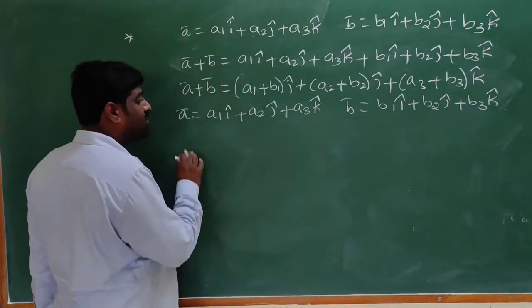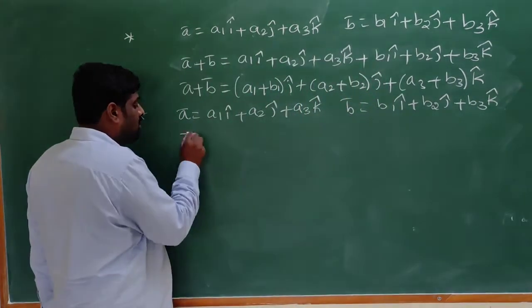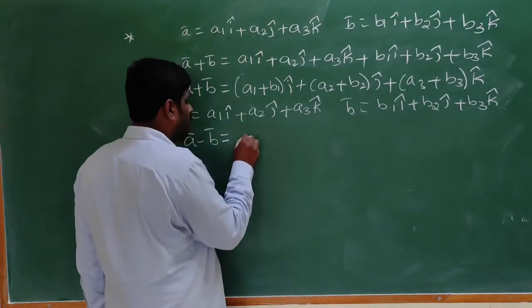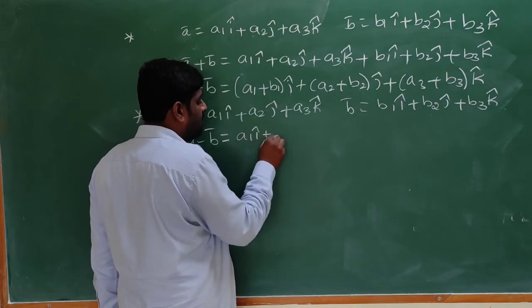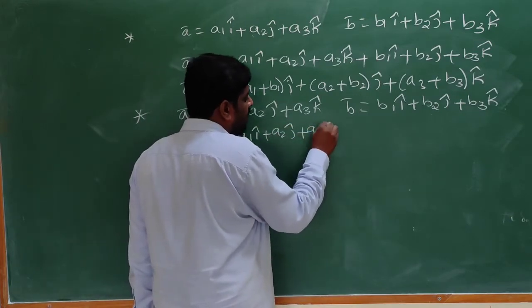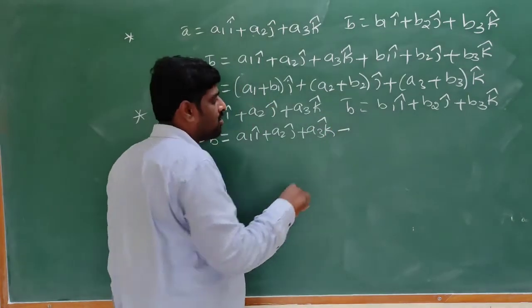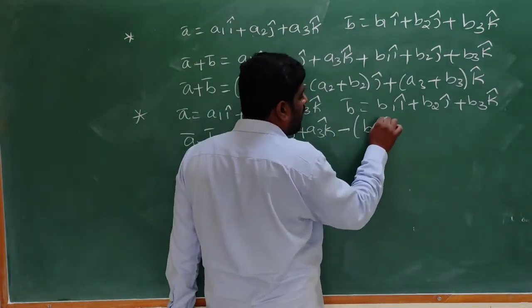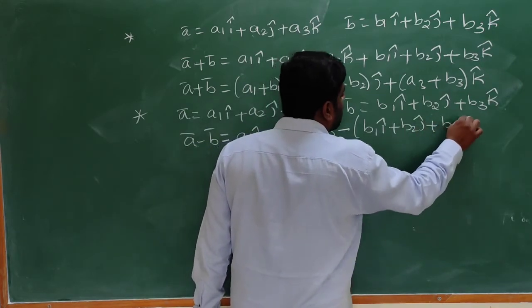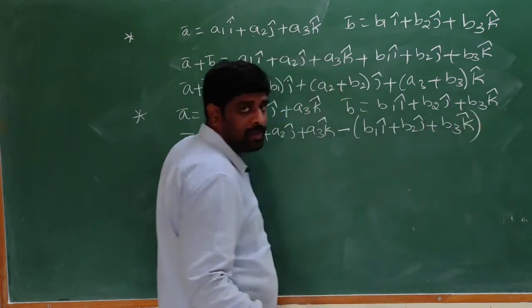Now I want to find the difference of two vectors. That is, A bar minus B bar is equal to A1 i cap plus A2 j cap plus A3 k cap minus B1 i cap plus B2 j cap plus B3 k cap.